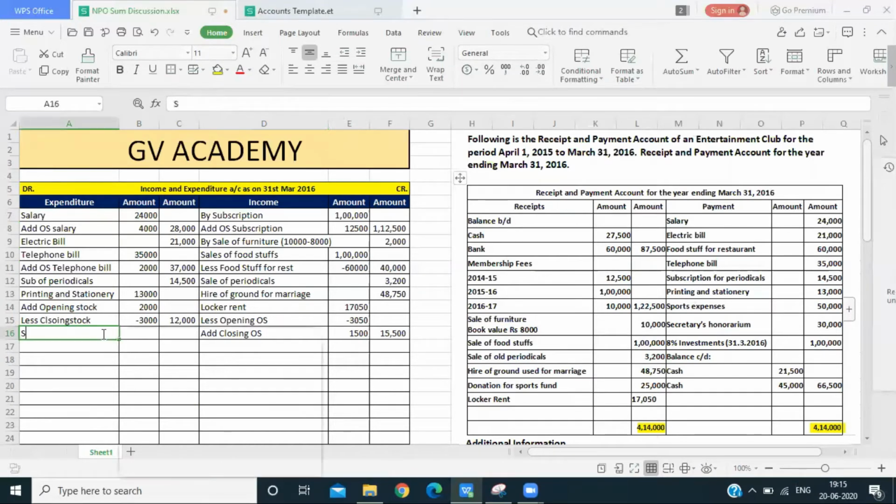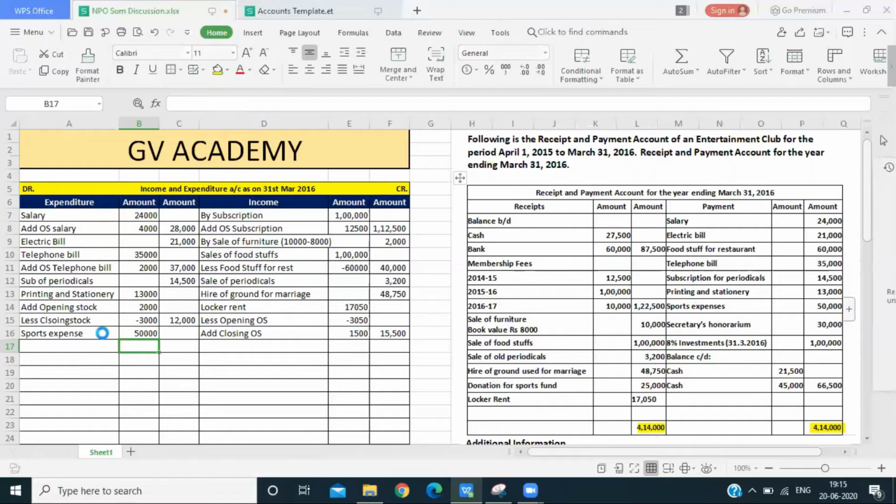The next point is the sports expense. There is a sports expense of rupees 50,000. The very important point to keep in mind here is we have a donation for sports fund. When there is a donation for sports fund, any expense for that will be met from the sports fund.